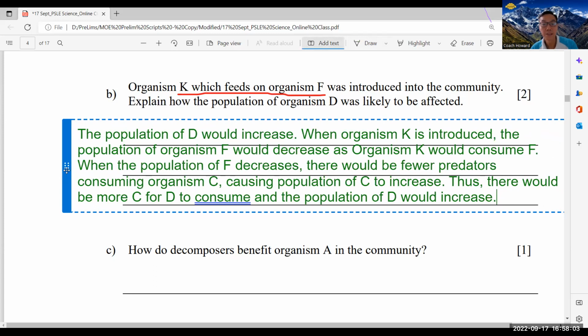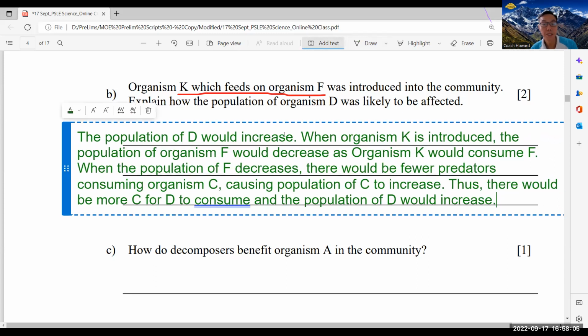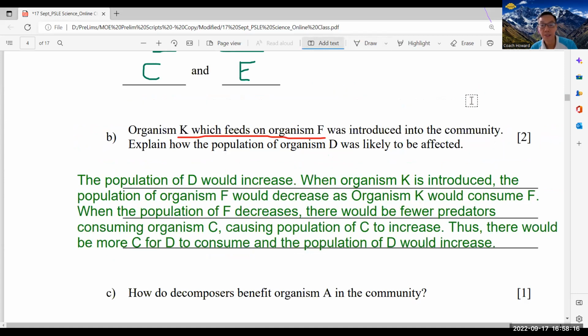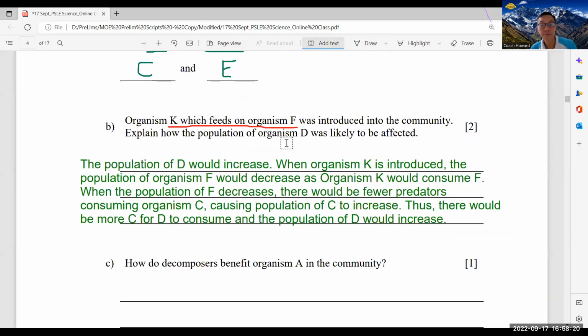The population of D would increase when organism K is introduced. As I mentioned, you will see here, the population of organism F will decrease. Why decrease?